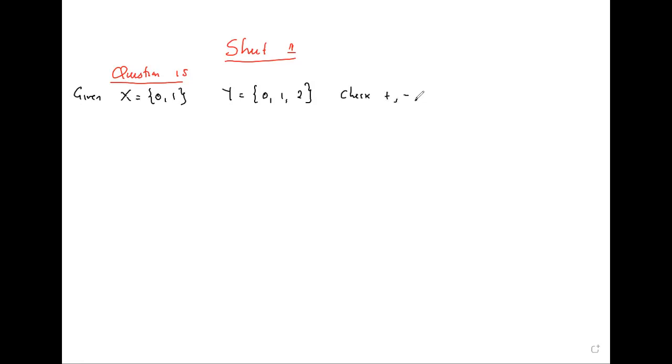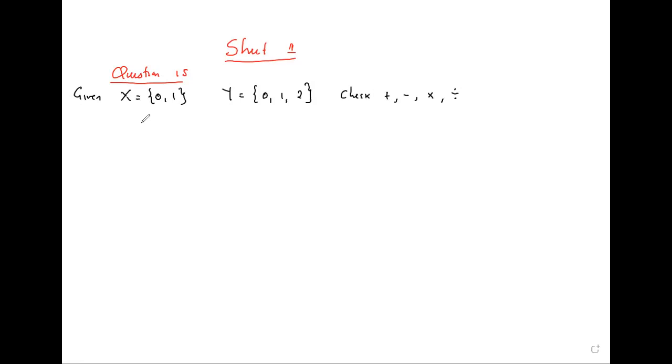Plus, minus, multiplication, division. Check if these are binary operations on X and Y.